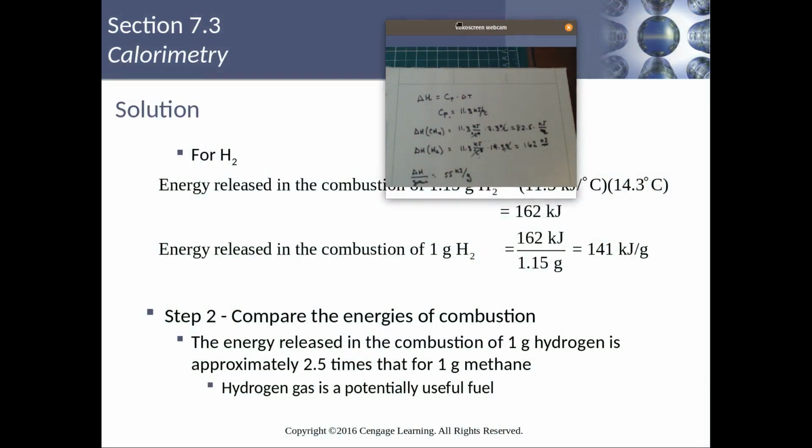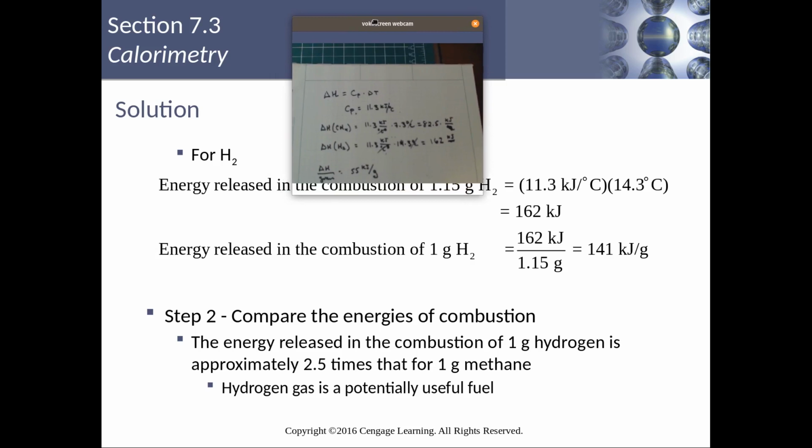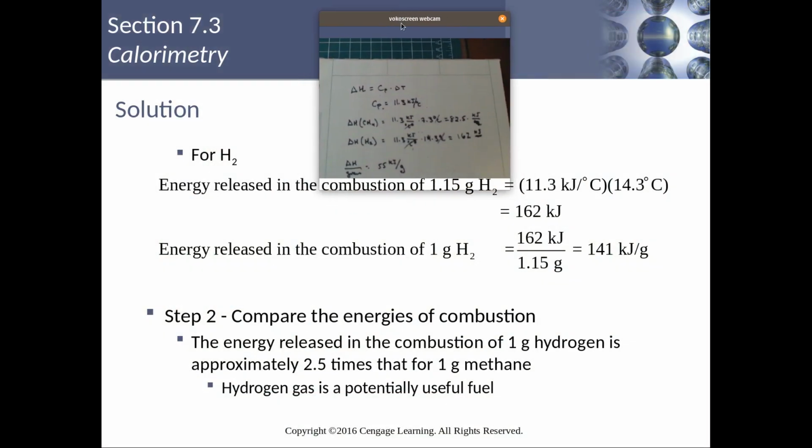When we talk about the hydrogen economy, the energy that's released by 1.15 grams of hydrogen is 162 kilojoules. Because hydrogen is so light, it's 141 kilojoules per gram.